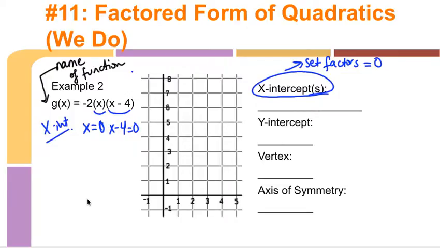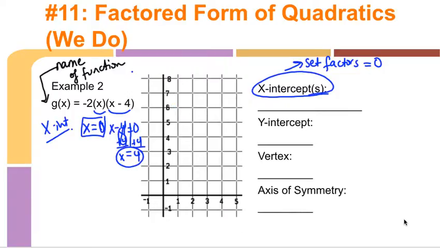So x equals 0. I don't have anything to solve here, so I know that one of my x-intercepts is going to be at x equals 0. x minus 4 equals 0. I still want to get this x by itself, so I do the inverse operation. I add 4 to both sides, and I get x is equal to positive 4.